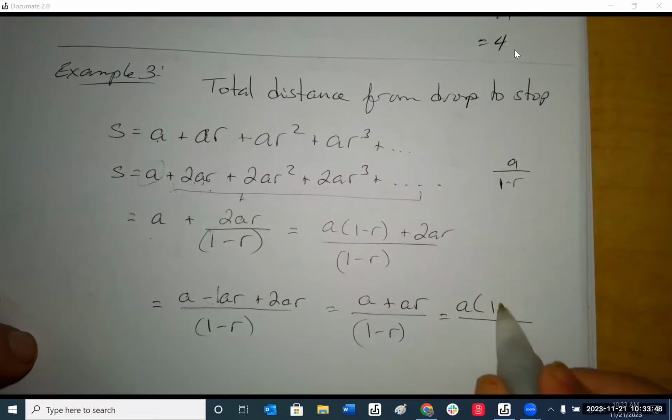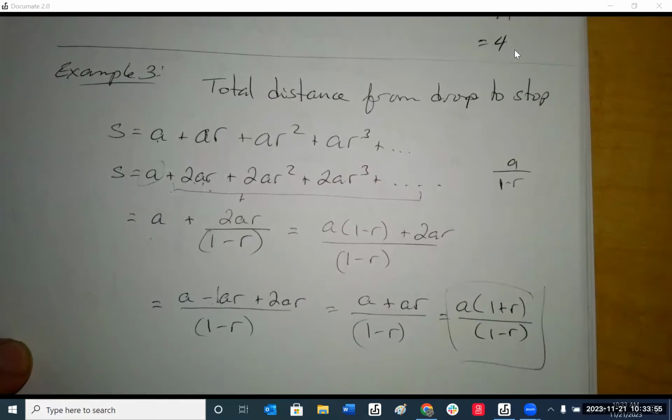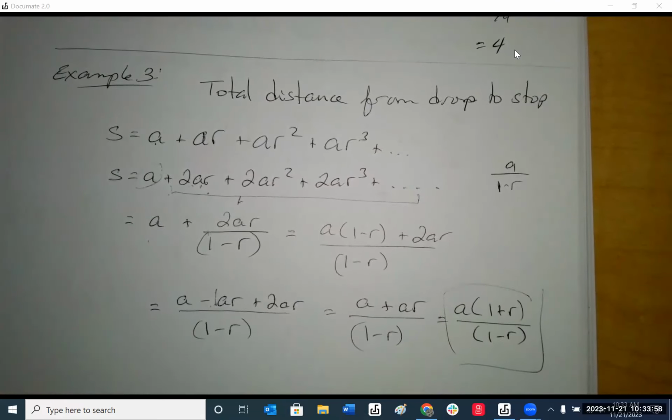On the top, we can factor out. So that's going to be our formula.